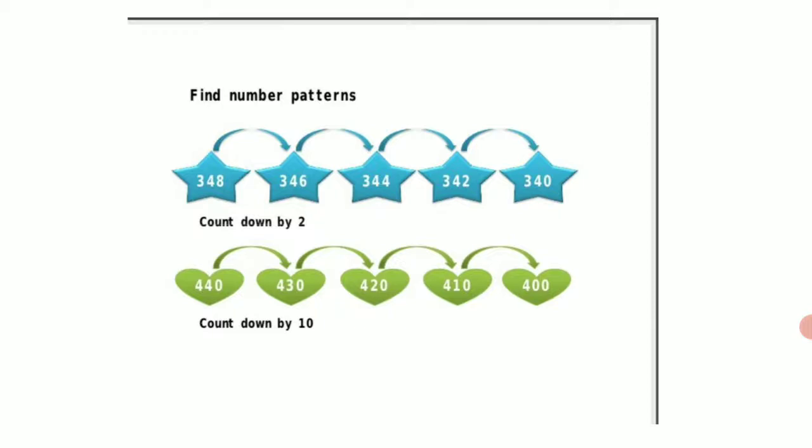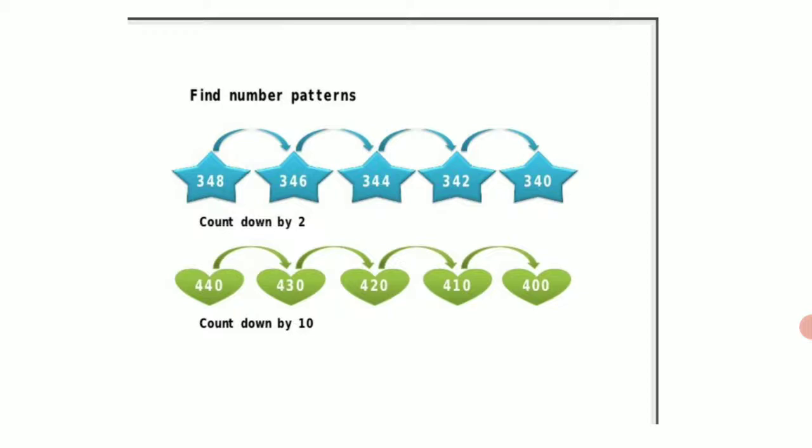Now let us find the number pattern where we are doing skip counting by 2. Count down by 2. It means we are going on subtracting 2 from each number. 348, then minus 2, 346, again minus 2, 344, minus 2, 342, then 342 minus 2 is 340.